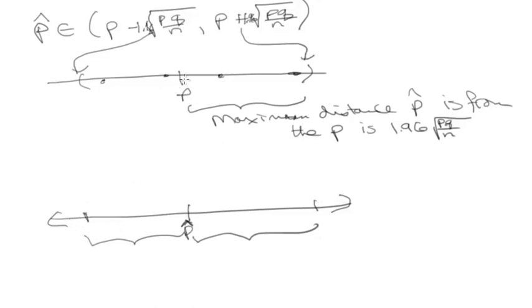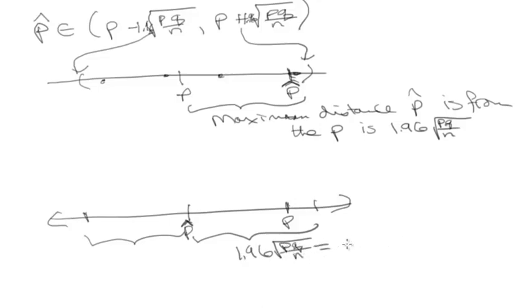Because the maximum distance that p is from p hat is the same maximum distance that p hat is from p. So the window around p hat that 95% of the time contains p is going to be that same distance, 1.96 square root of pq over n.